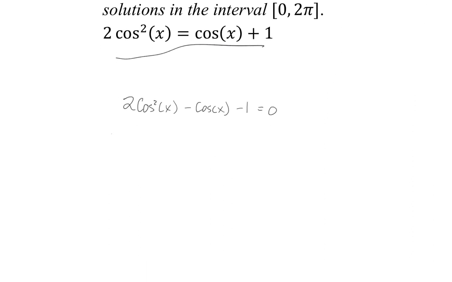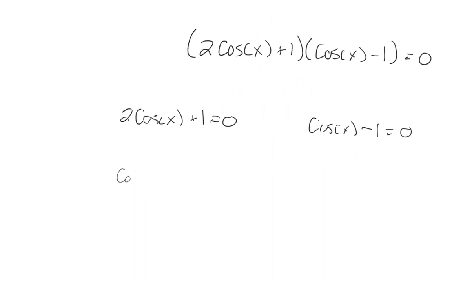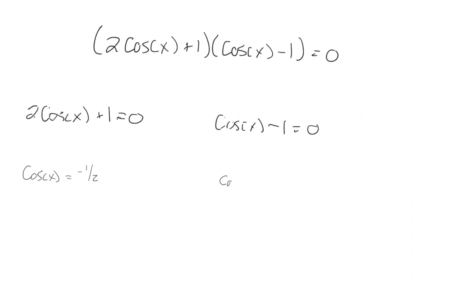I'm going to get 2 cosine of x plus 1 times cosine of x minus 1 is equal to 0, which means that 2 cosine of x plus 1 should be 0, or cosine of x minus 1 is equal to 0. This gives us cosine of x is equal to -1/2, or cosine of x is equal to +1.